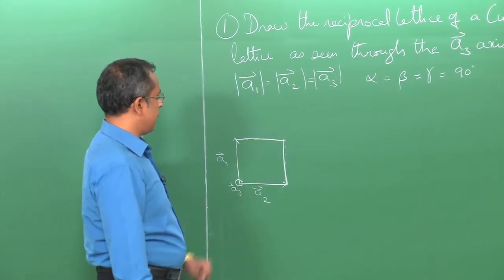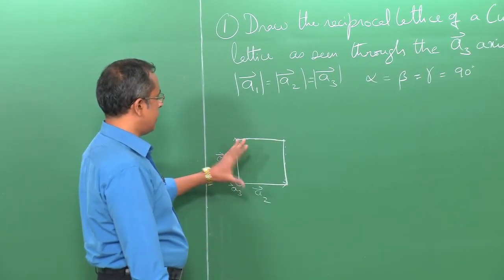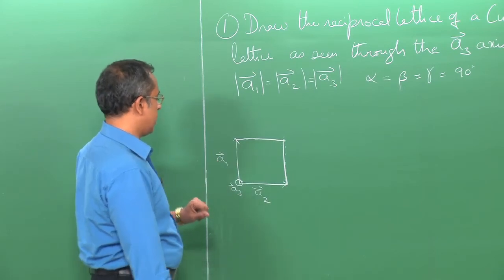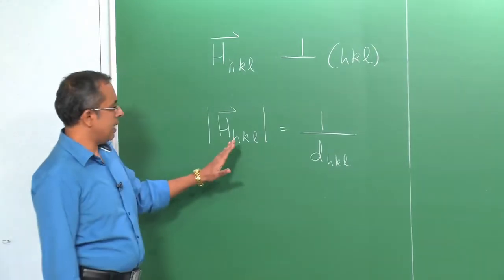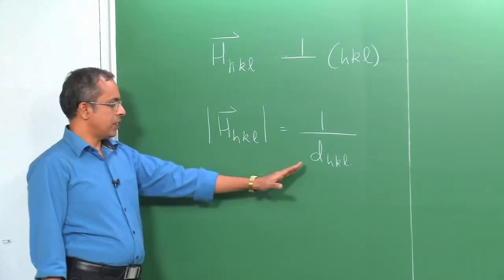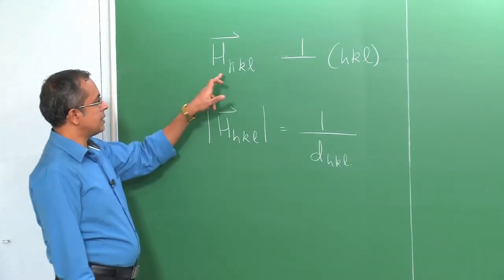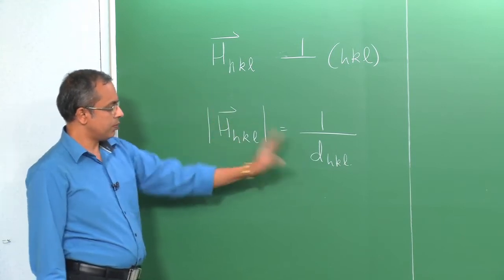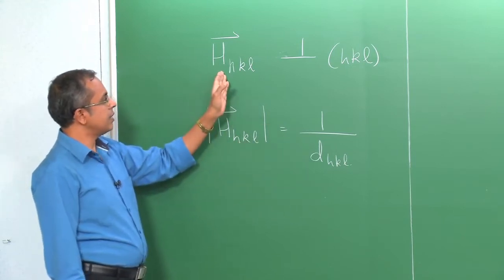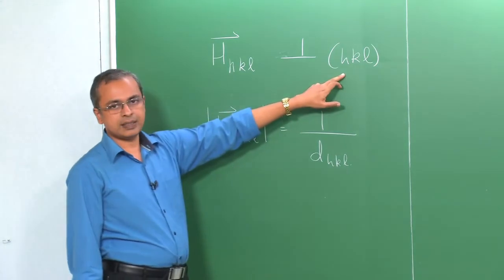So, now we also learned that through our definition, if we go back to what we defined here, HKL is perpendicular to the plane, and the modulus is 1 by DHKL, and the vector itself is perpendicular to HKL.